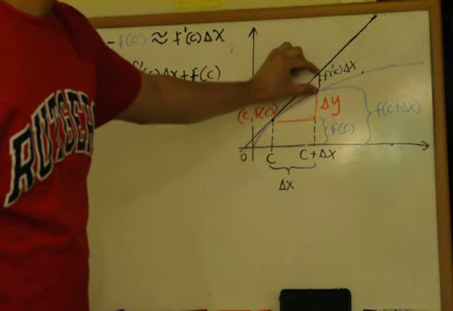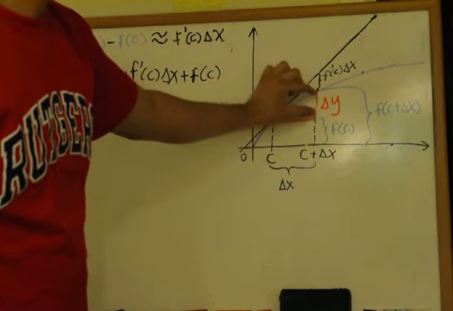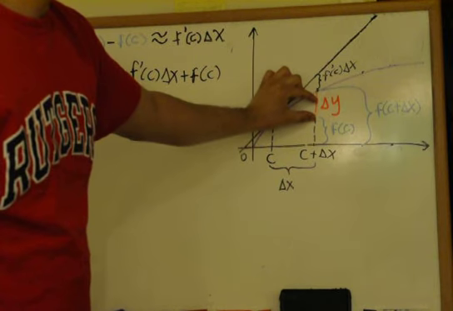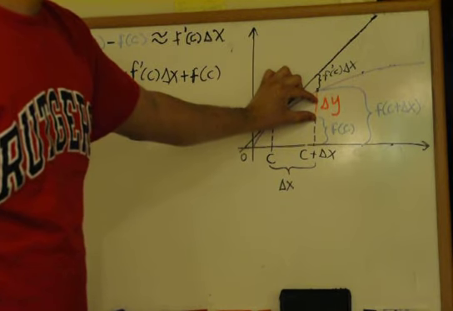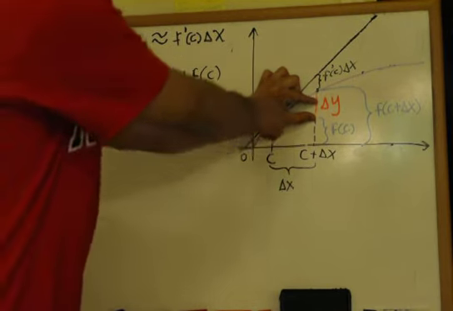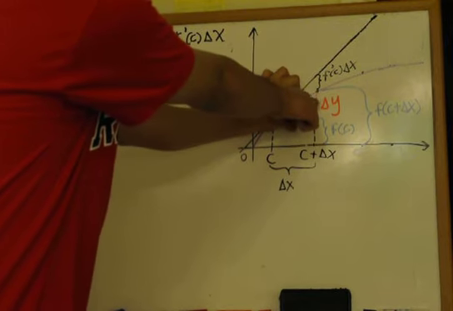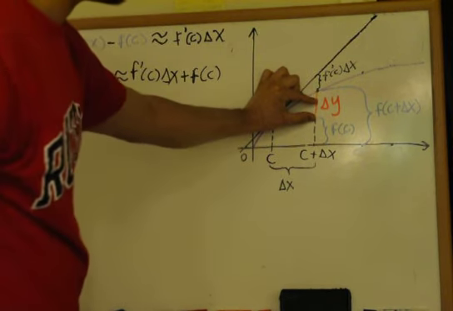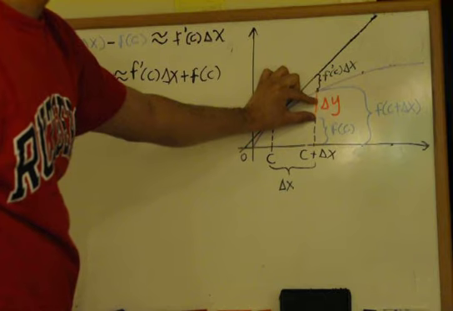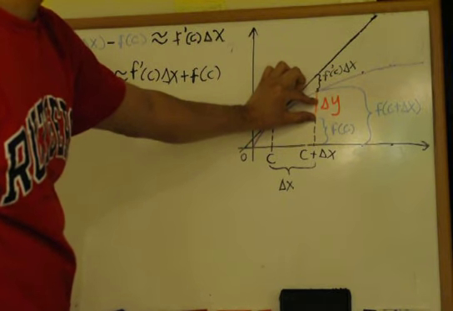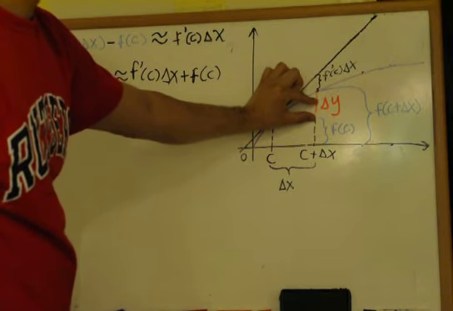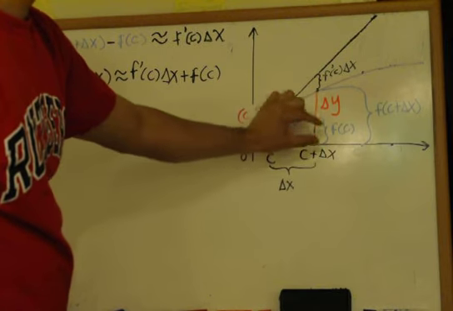So if I take this part, f prime of c times delta x, and I put it here, I'm not sure if you can tell, but my index finger isn't reaching all the way to the actual height. It's not touching the graph, so it's just an approximation.